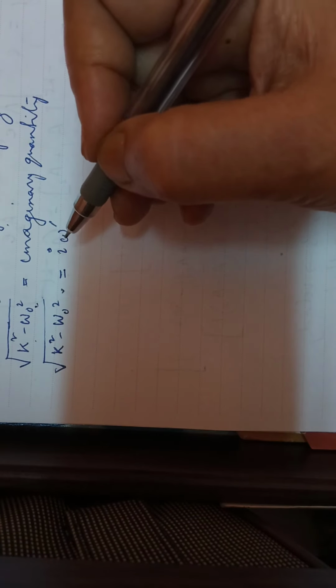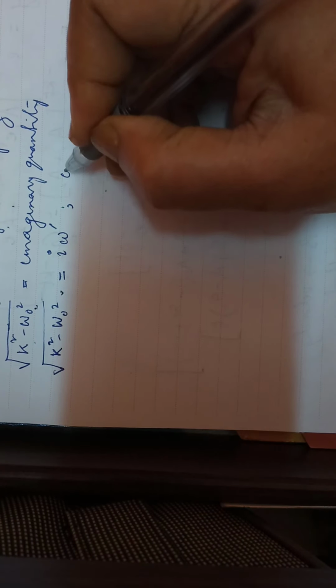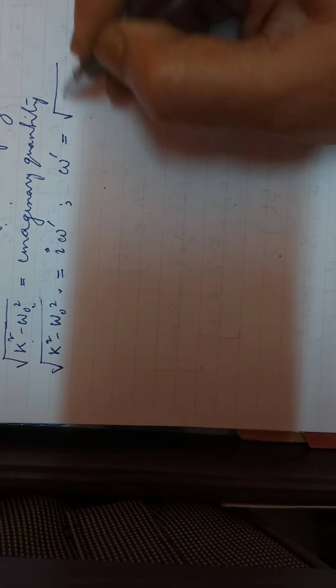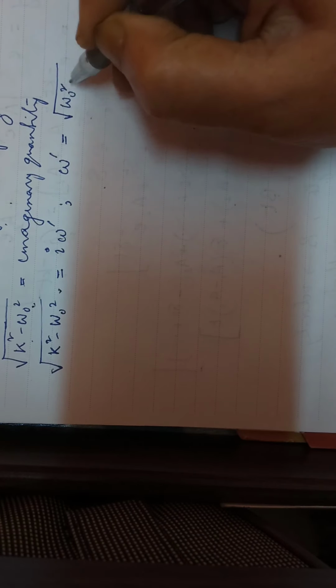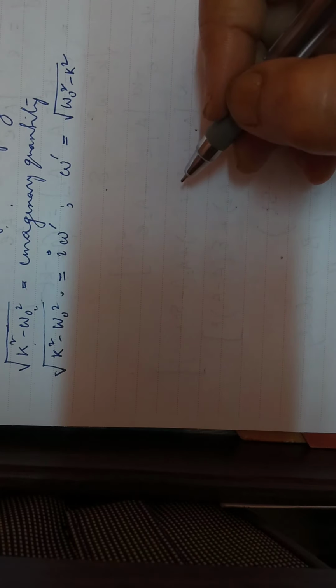Or omega prime is equal to the square root of omega 0 square minus k square. So what will we write as the solution now?